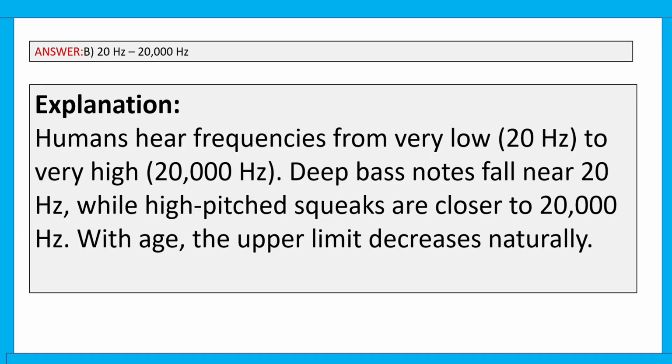The right answer is option B, 20 Hz to 20,000 Hz. The human ear hears frequencies from very low, 20 Hz, to very high, 20,000 Hz. Deep bass notes fall near 20 Hz, while high-pitched peaks are closer to 20,000 Hz. With age, the upper limit decreases naturally.